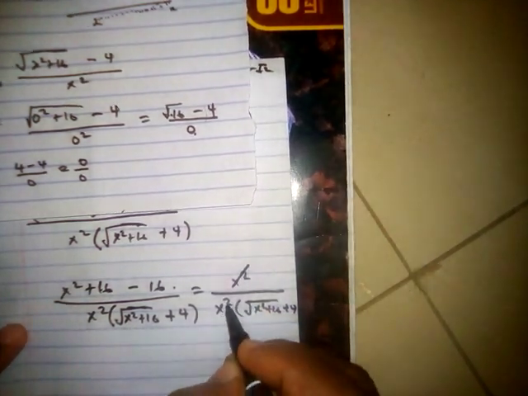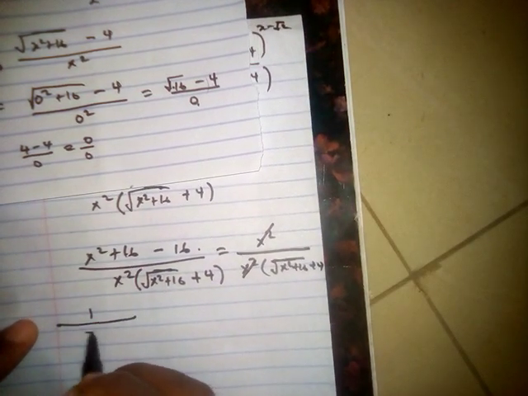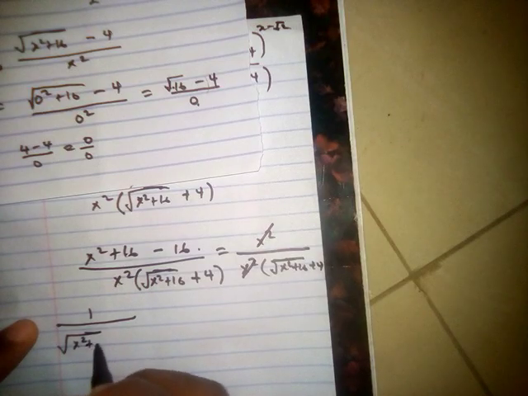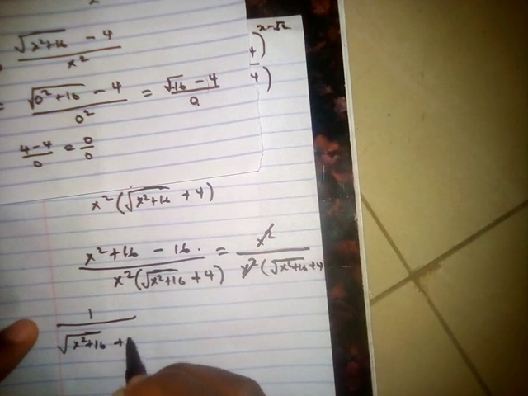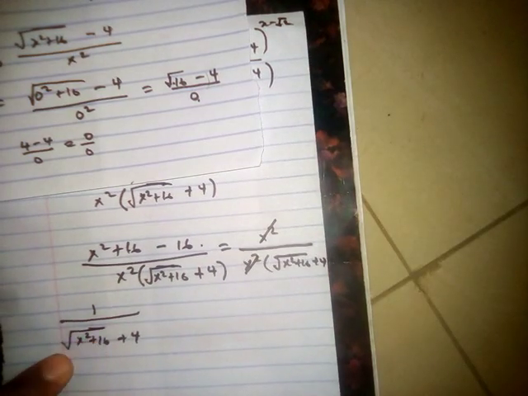So this cancels this, and we are left with 1 all over the square root of x squared plus 16 plus 4. So we have simplified the function to this level.